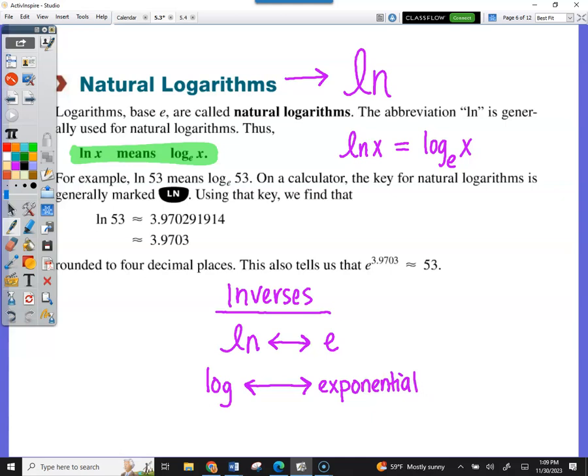So the takeaway here is you've just learned 4 functions, and they're paired in inverses. ln and e are inverses. Log and exponential are inverses.